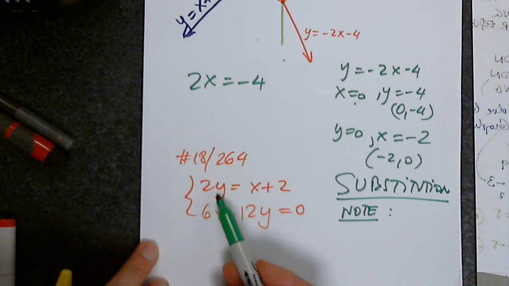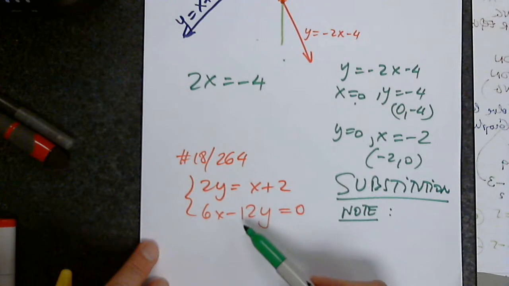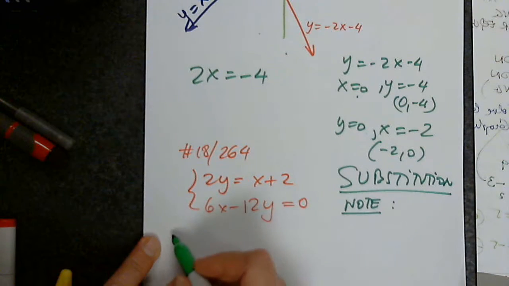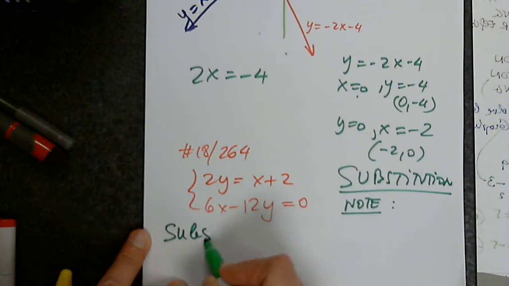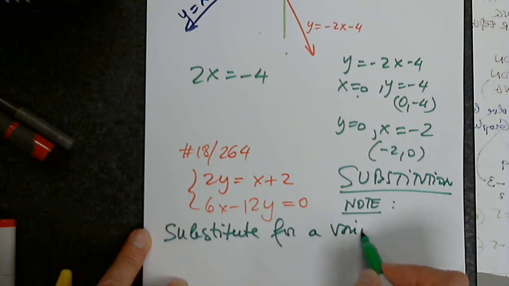Because if you do, then you will have x over 2 plus 1, and you are replacing in here a fraction. You don't want to do that. Most of the time, it will be more difficult than not. So substitute for a variable.